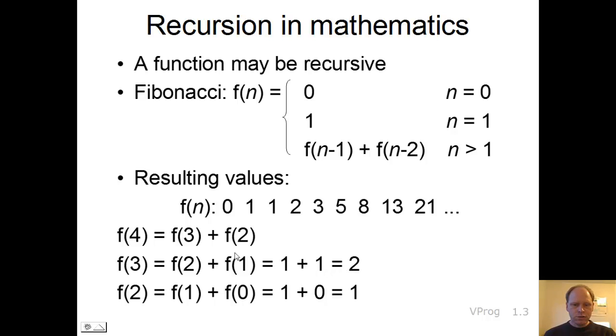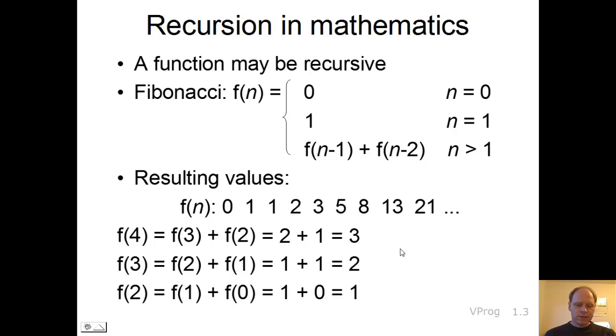And now we can also continue with this call f4, because now we know the answer to f3. That is 2 plus f2. We also already have an answer to that one. f2 is 1. So we get 2 plus 1 is 3. So f4 is 3.